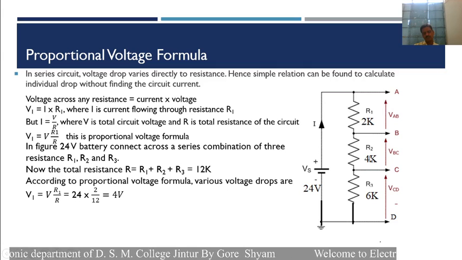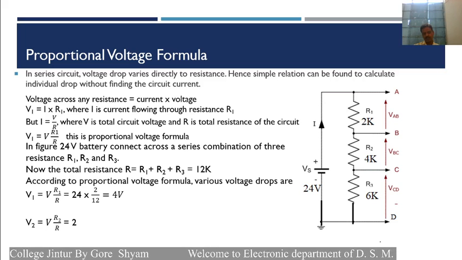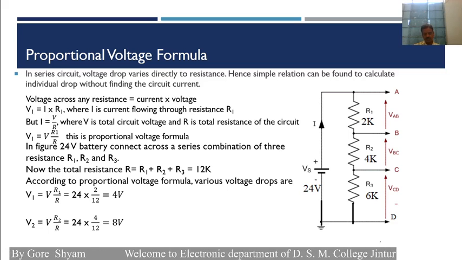Now let us find the voltage across the resistance R2. Suppose the voltage across R2 is V2, and V2 is equal to V into R2 divided by R, that is 24 into 4 divided by 12, which is equal to 8 volt.